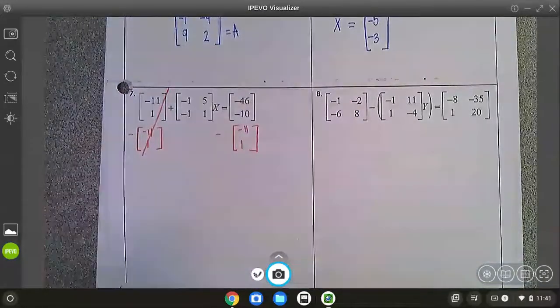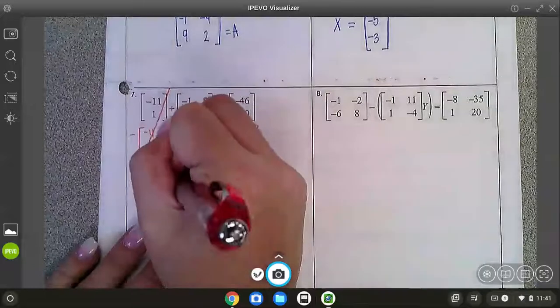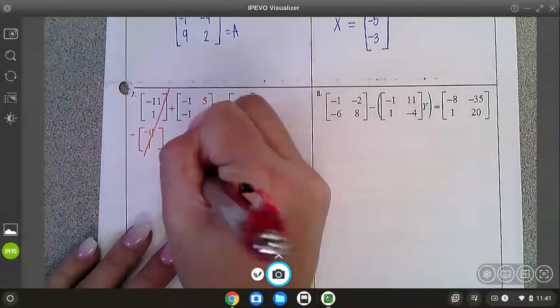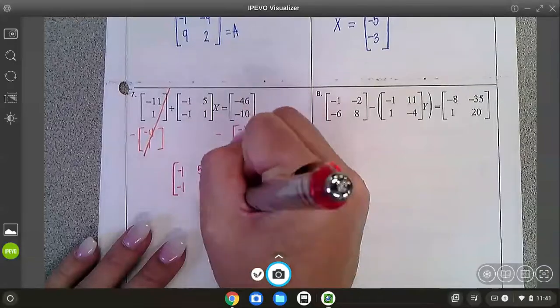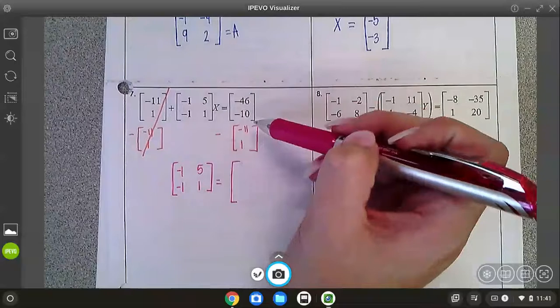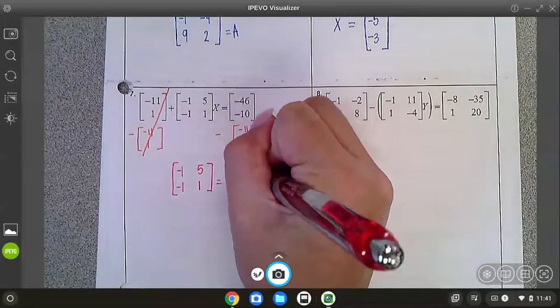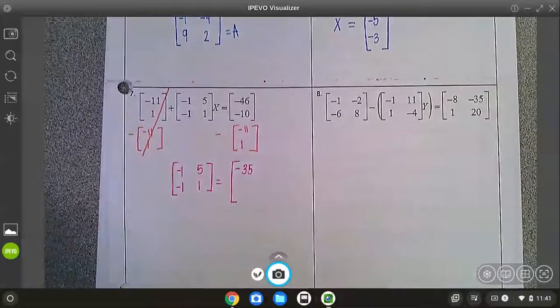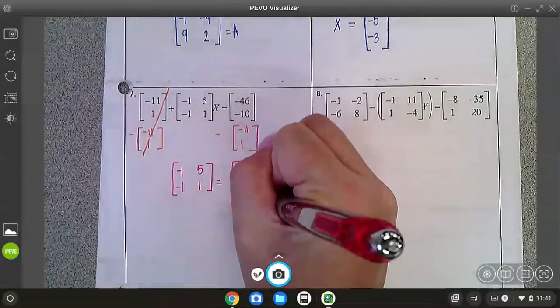So those would cancel. -46 minus -11 is -35. And -10 minus 1 is -11.